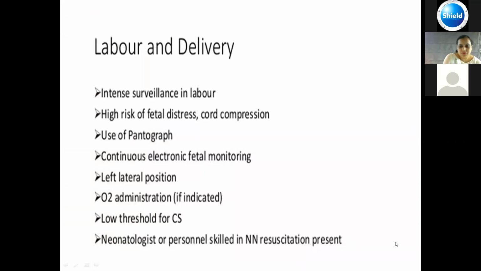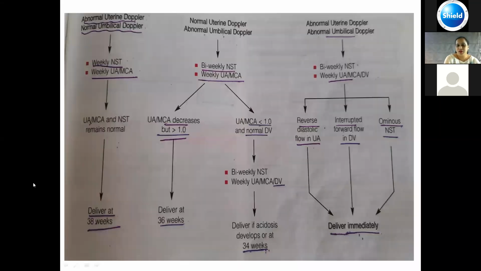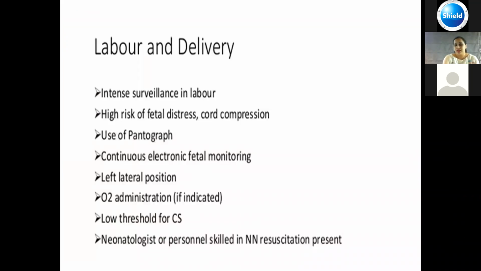Now, how do we decide the route of delivery? It can be a vaginal delivery or a C-section. For well matured babies greater than 37 weeks, we can give a trial of labor with very good surveillance. Intense surveillance has to be there in the labor room.